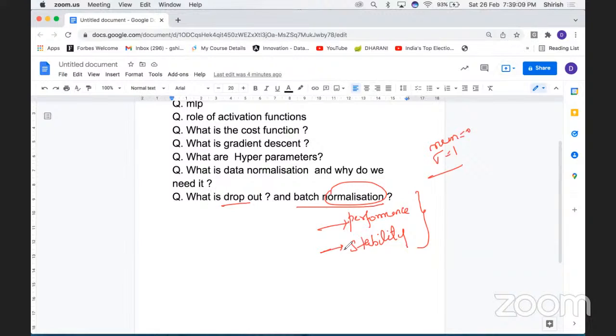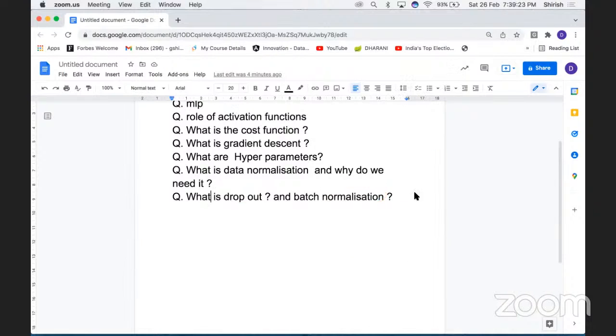Okay. So next, there are a few optimizers here. Let us understand the difference between at least two or three.